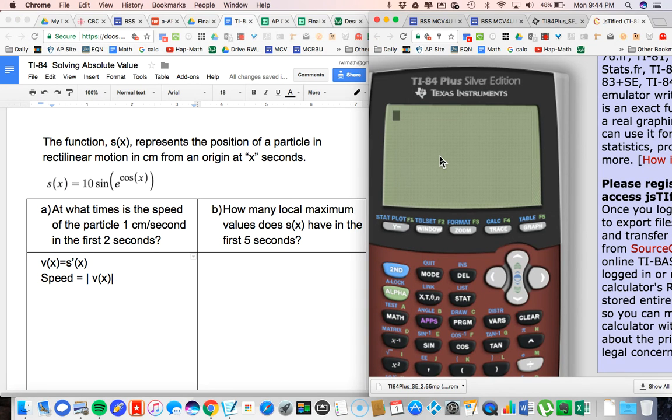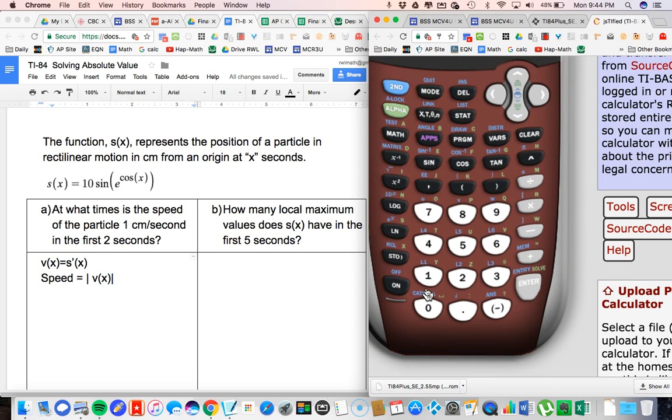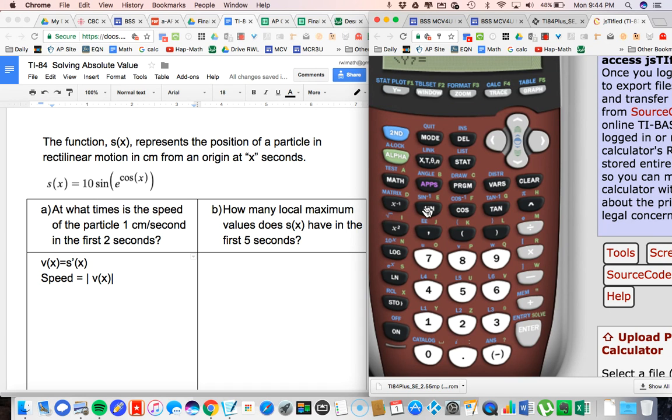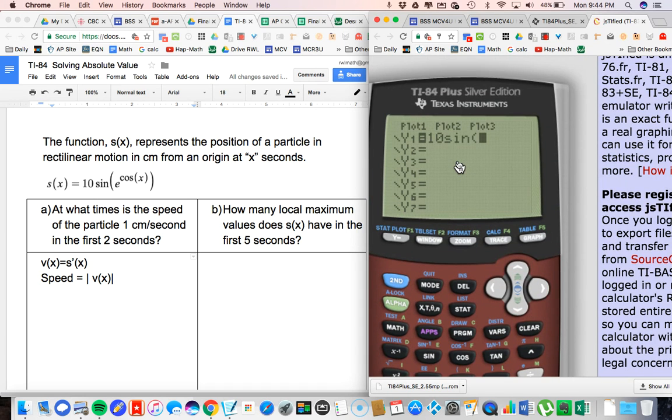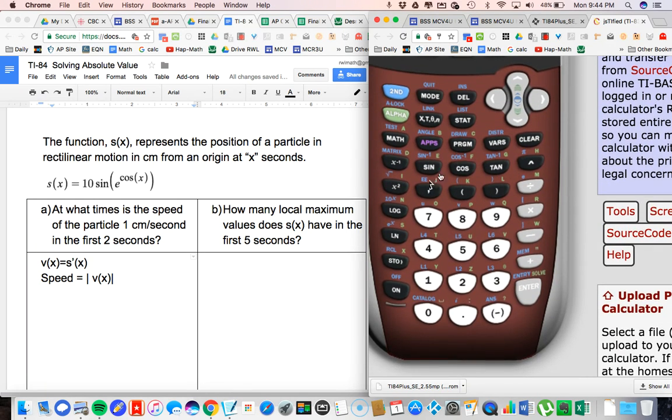So what I do is I come over to the calculator. The first thing you need to learn with these calculators is how to enter functions in, and it's very straightforward. So I hit the y equals button, which is the button in the topmost left, and I enter in the function. So the first thing I'm going to do is enter in 10 sine, and then in brackets, I'm going to put e.